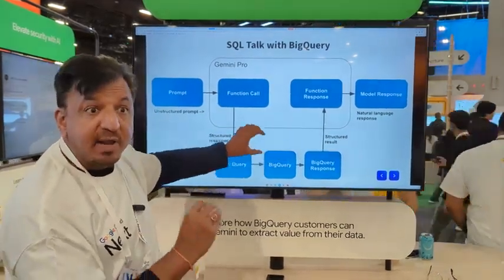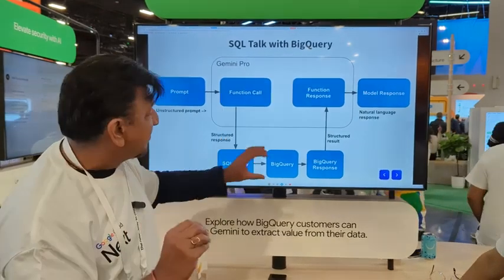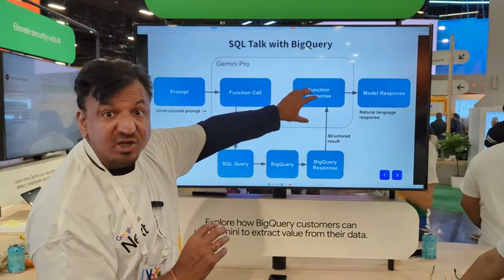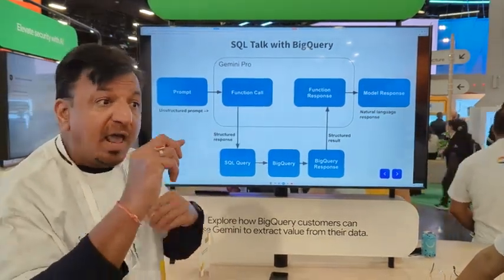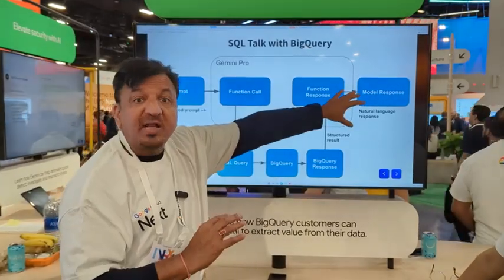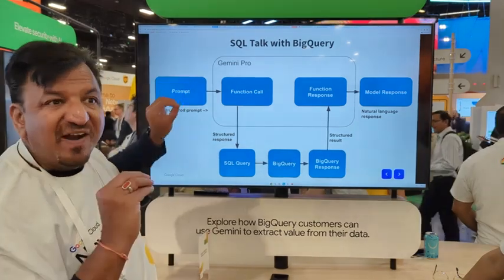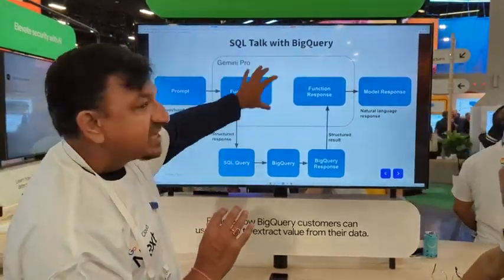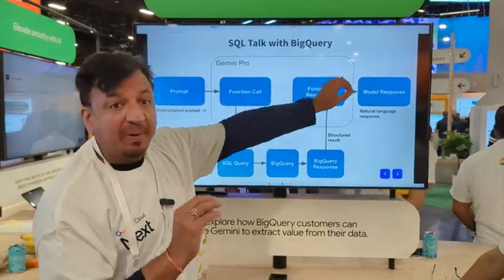In this case, we're showing how it's going to pull data from BigQuery, one of Google's analytical platforms, and then BigQuery provides a response back to the function, and that function then transforms the response into human readable natural language, and that's what the user is presented. So as you can see, you start with very basic English. Gemini takes care of all the technicalities, and then you get the answer back in plain English.